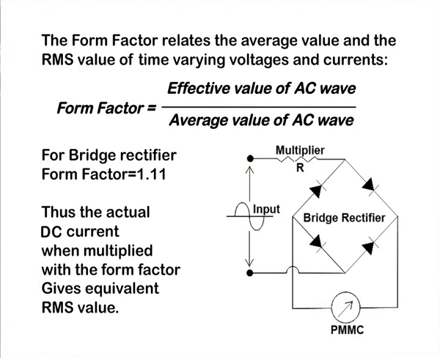So, this is the rectifier type of instrument, where we first rectify the AC which is to be measured, and then it is measured by the PMMC meter in the form of DC, and then we can convert that DC into the effective value of AC by multiplying it by the form factor, or accordingly we can calibrate the scale itself.